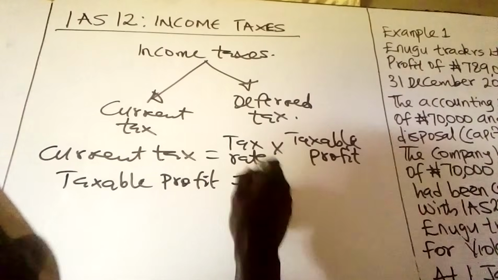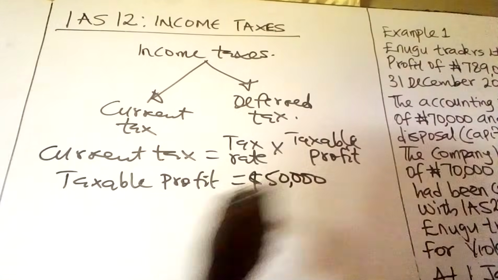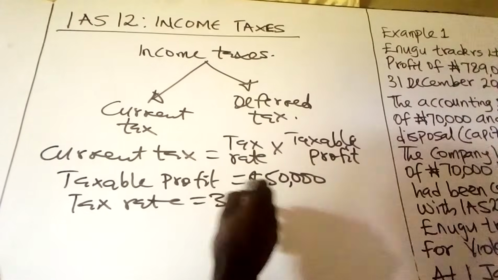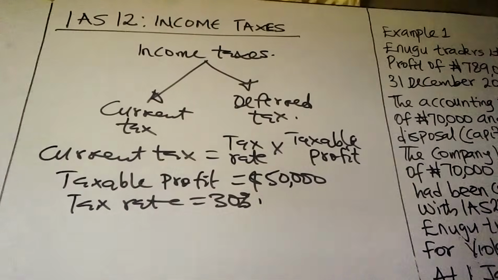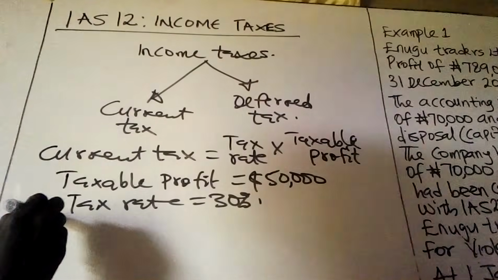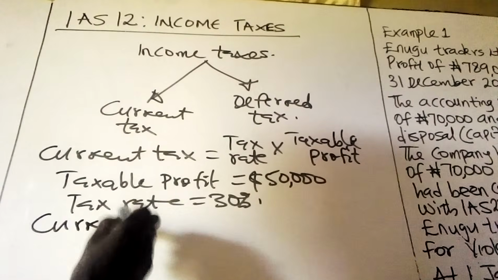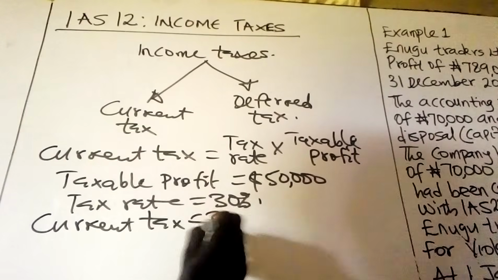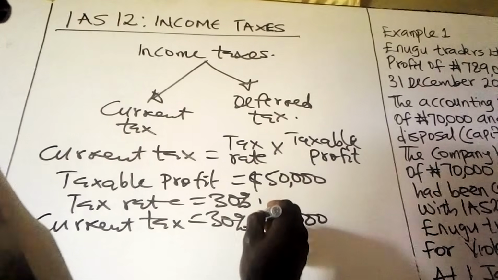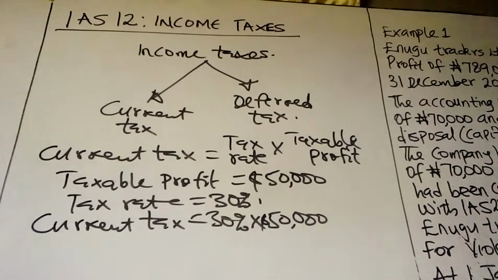If the taxable profit is $50,000 and the tax rate is 30%, therefore current tax will be 30% of $50,000, which is the amount of the current tax payable for the period.